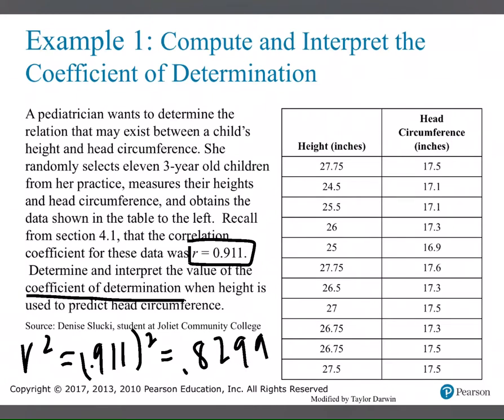What this means is, I'm going to turn this into a percentage, 82.99%, or basically 83%, so we can say that height does affect head circumference. The extra 17% is unexplained, maybe other things that affect head circumference. But we can actually put a percentage to how height affects head circumference, and that's pretty cool.